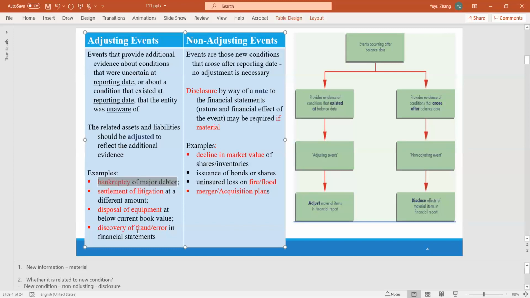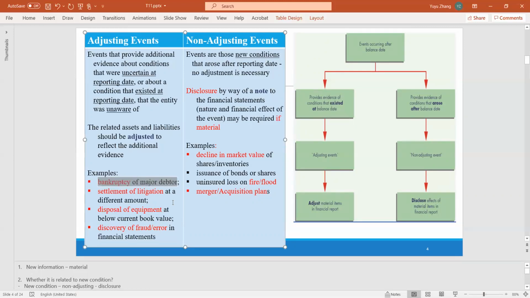Okay, number 3. Equipment disposal is actually about the value of the assets. Suppose the situation of the assets has changed. For example, before the balance date, there was an estimate of the value of this equipment, but after the balance date, in the subsequent period, now we know the market value from the disposal of this equipment.